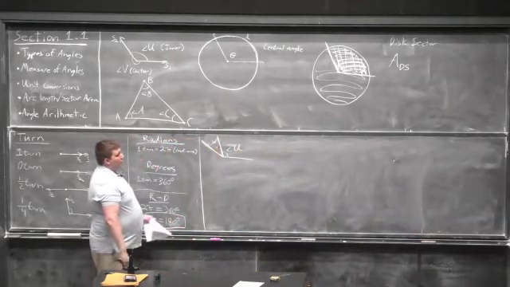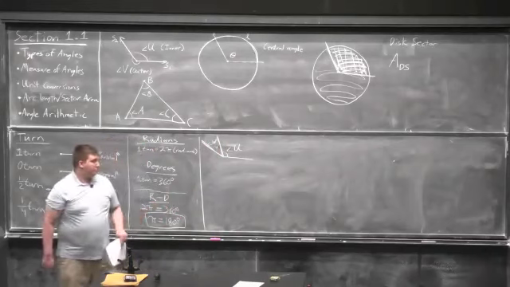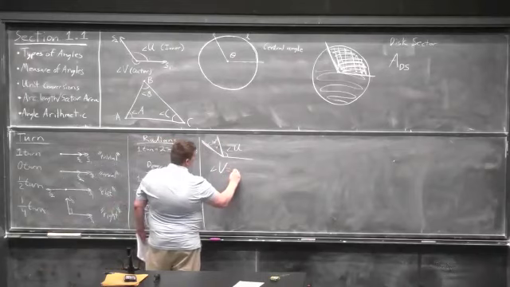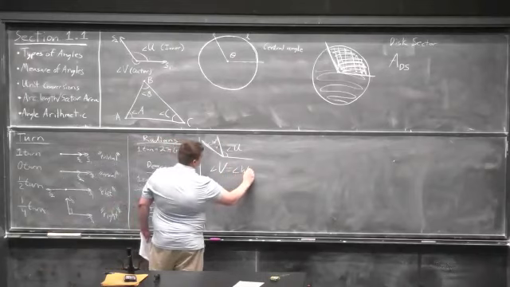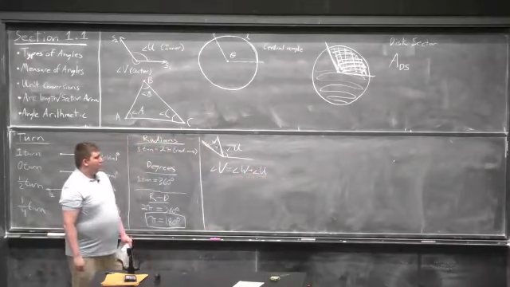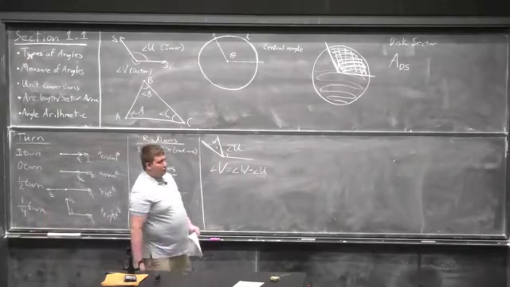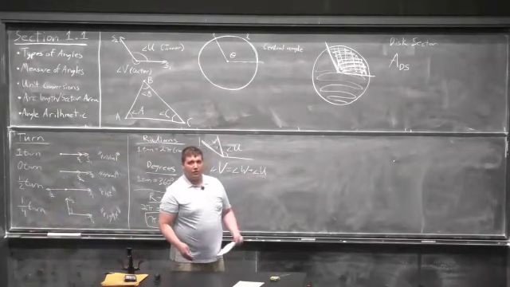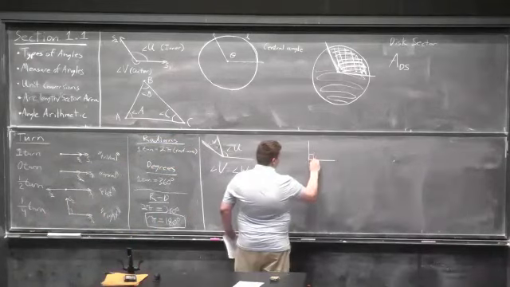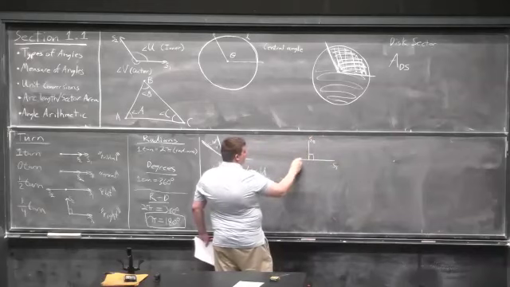Well, what would be the sum of these angles? Let's say that that's angle V. Well, angle V is equal to angle W plus angle U. They just add together. So if I had a quarter turn and I did another quarter turn, if we write that out, I start here, I have my quarter turn, and now I do another quarter turn.